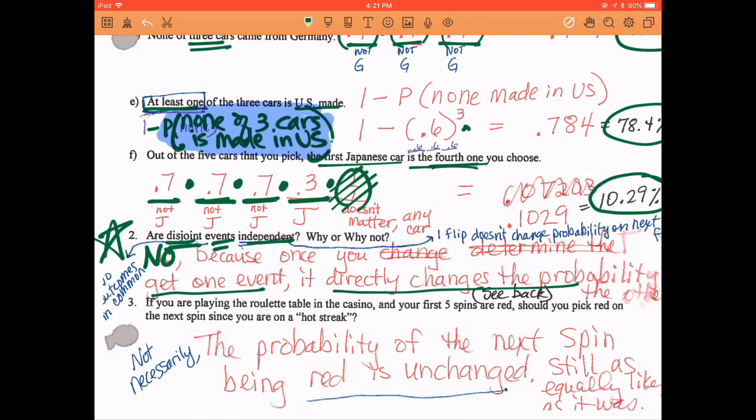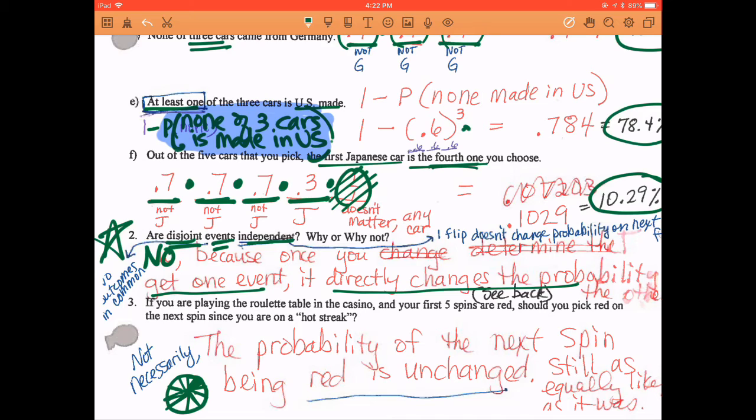All right. Now the last one is asking about this hot streak. And so I kind of wanted to explain to you about a roulette table. If you know what a roulette table is like, you have a circle that you spin around the roulette, and there's a little ball that drops onto the spinner, and it lands in a place.